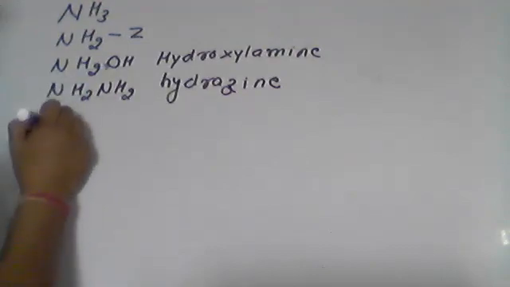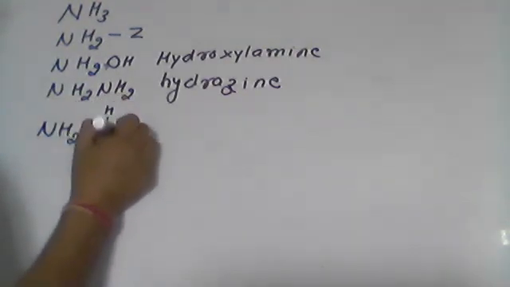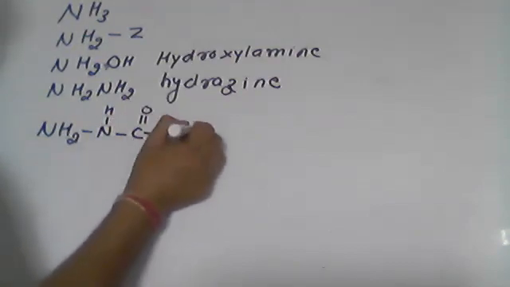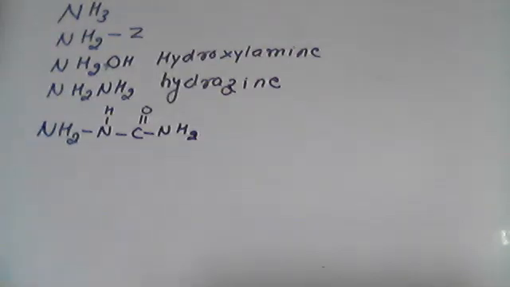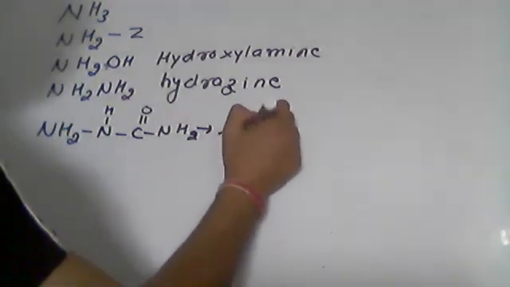Hydrazine. If in hydrazine I replace one of the hydrogens with the amide group, C double bond O and NH2, I replaced one of the hydrogens with the amide group, then it will become semicarbazide.